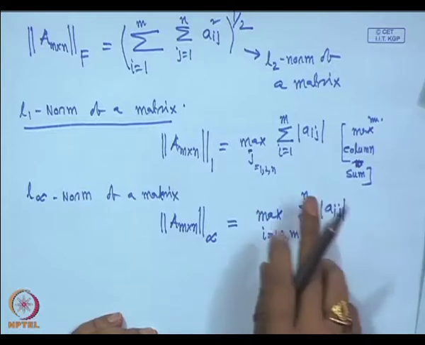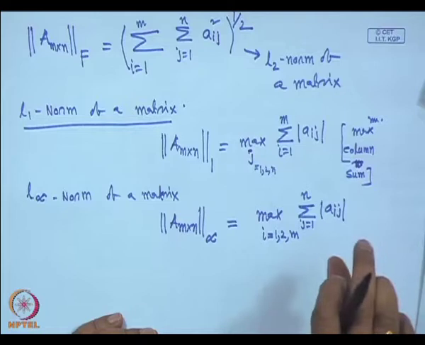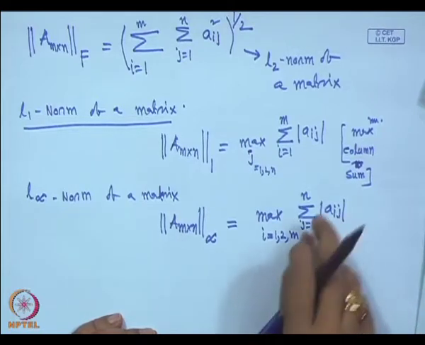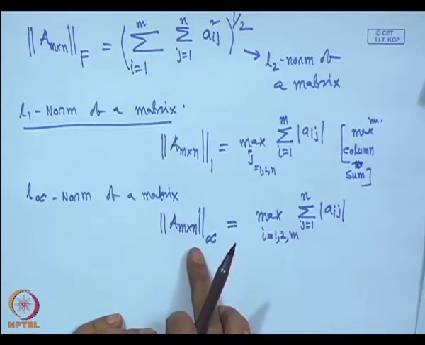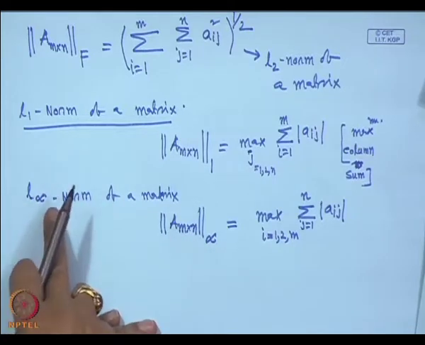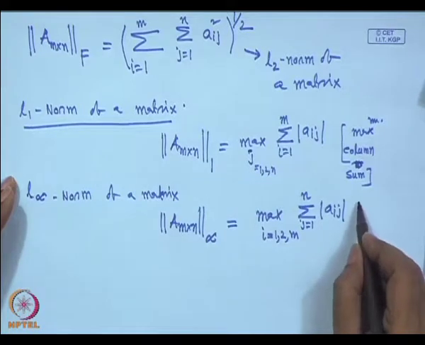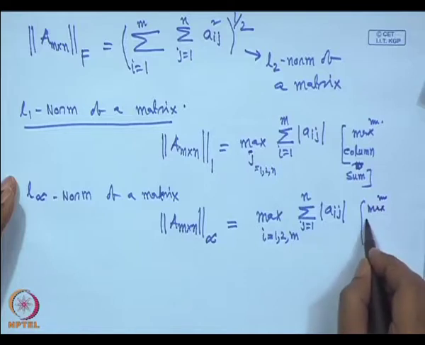You take the absolute sum row-wise, and out of these, the row with the maximum absolute sum is called the L infinity norm of a matrix. It is also called the maximum row sum.